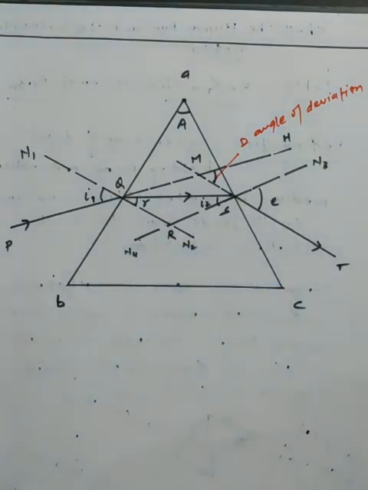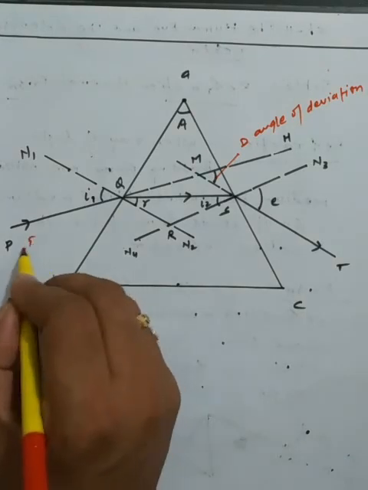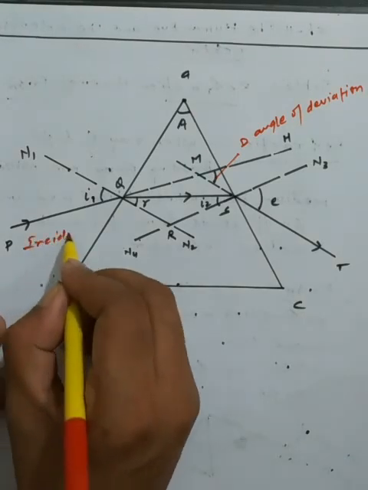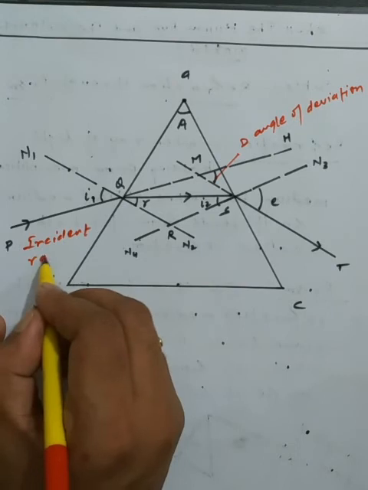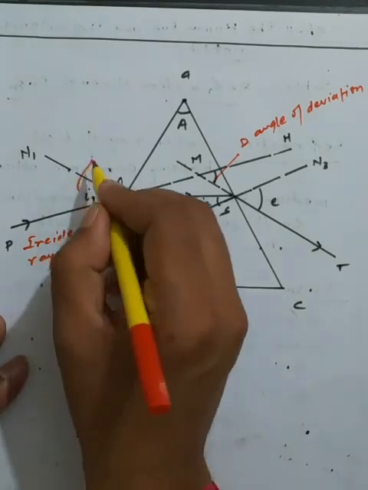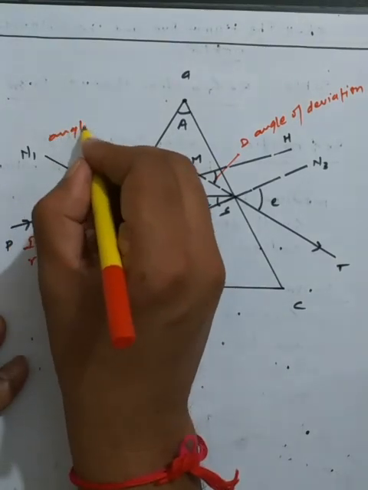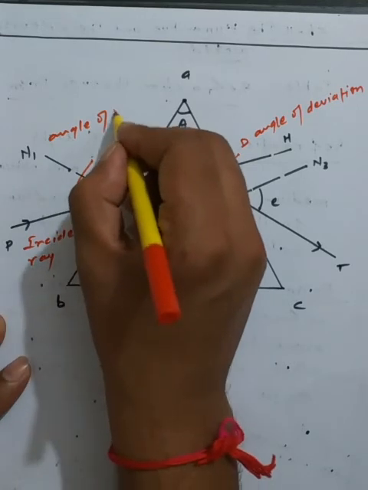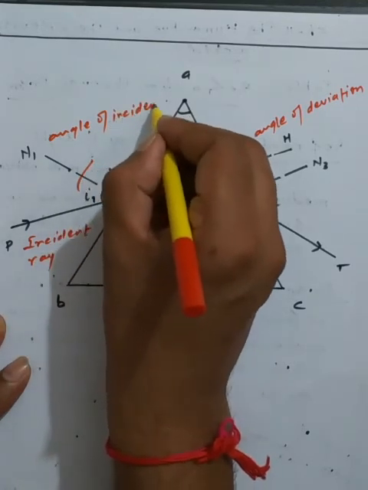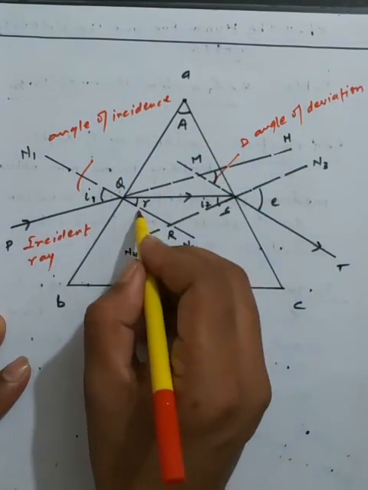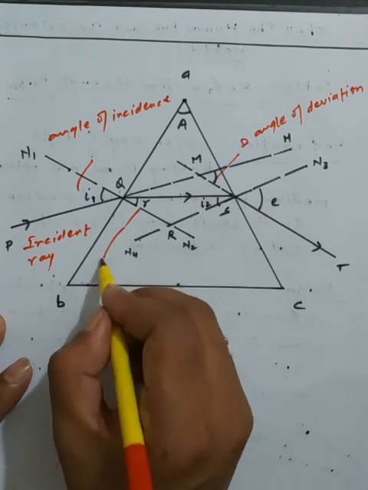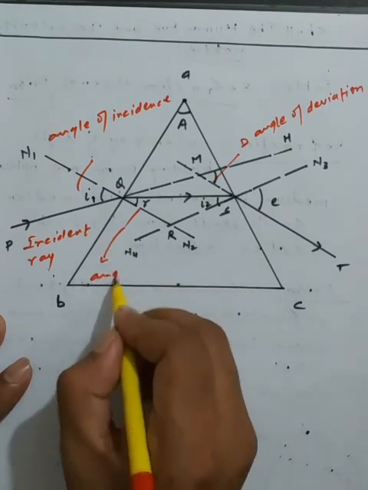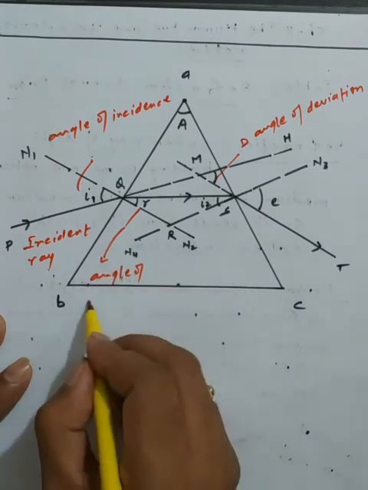Now I am giving the naming of the sections. PQ is called the incident ray. This is called the angle of incidence. Now this is called the angle of refraction.